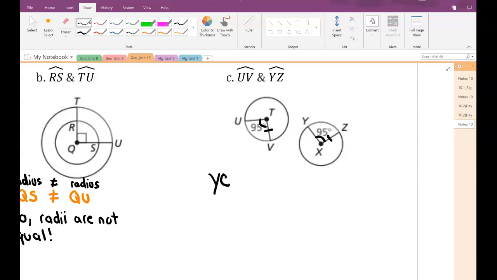So yes, they are congruent, and you could say it for a lot of reasons. Since we said the radii are not equal in the last one, let's prove it by using that the radii are equal. So you could say segment TV is congruent to segment XZ. So our circles are congruent. So circle T is congruent to circle X.